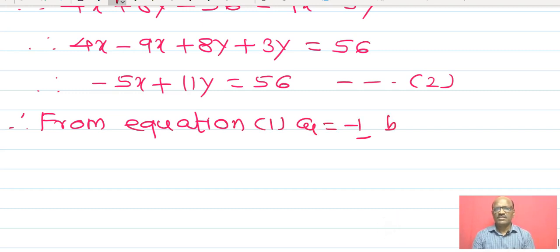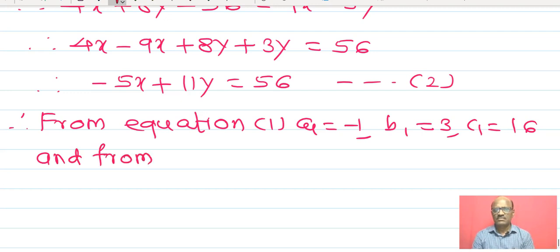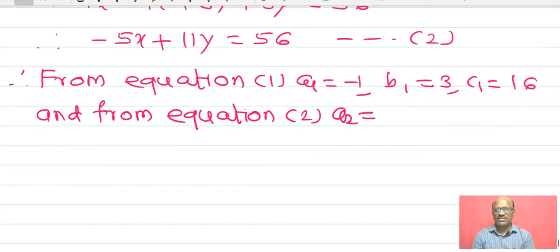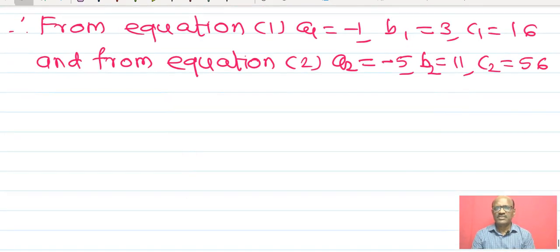From equation 1, a1 is minus 1, b1 is 3, c1 is 16, and from equation 2, a2 is minus 5, b2 is 11, c2 is 56.